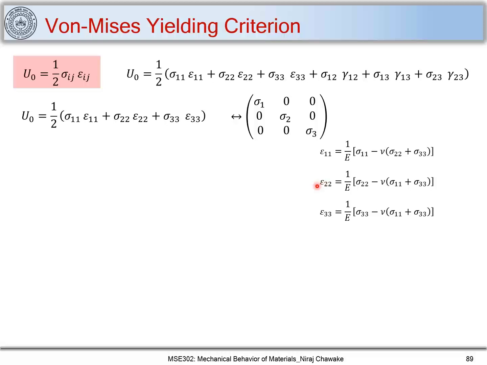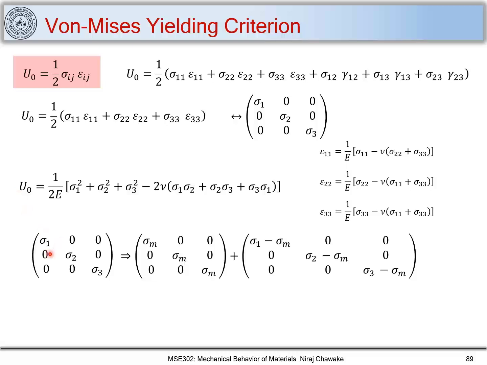Similarly we can write for epsilon 22 and epsilon 33, and we substitute these values in this relation, and what you get is U naught, the total strain energy in terms of principal stresses, as 1 upon 2E [sigma 1 square plus sigma 2 square plus sigma 3 square minus 2 mu into sigma 1 sigma 2 plus sigma 2 sigma 3 plus sigma 3 sigma 1]. This is the relation you will get for the total strain energy.